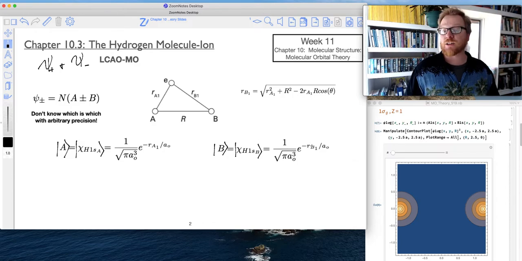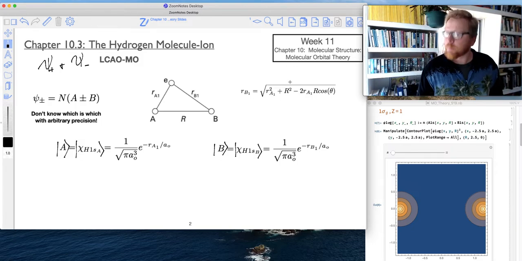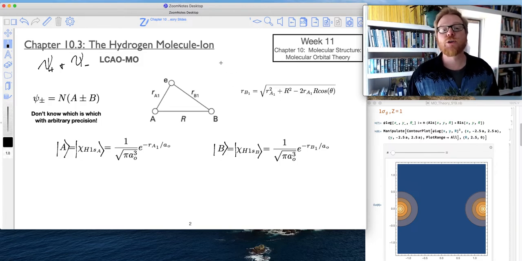But now keep in mind, where these are different are in the radii. Okay? And of course, using our spherical polar coordinate system, if we arbitrarily define RA1, then we can define RB1 in terms of RA1 and in terms of R. And so again, we've made this lovely triangle so we can follow Pythagoras to get this coordinate system.